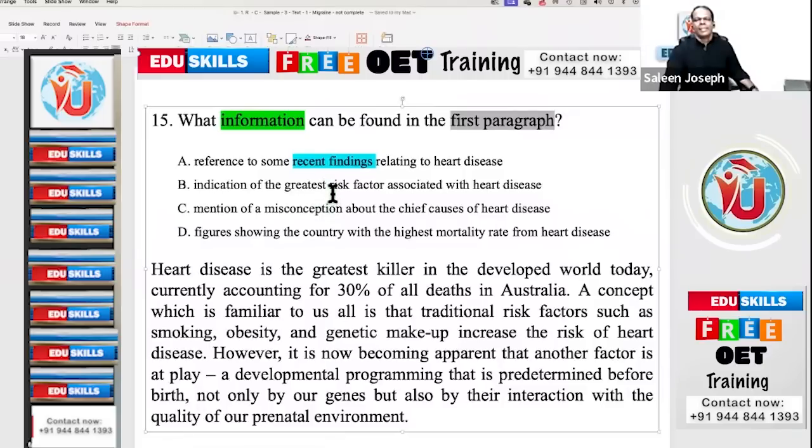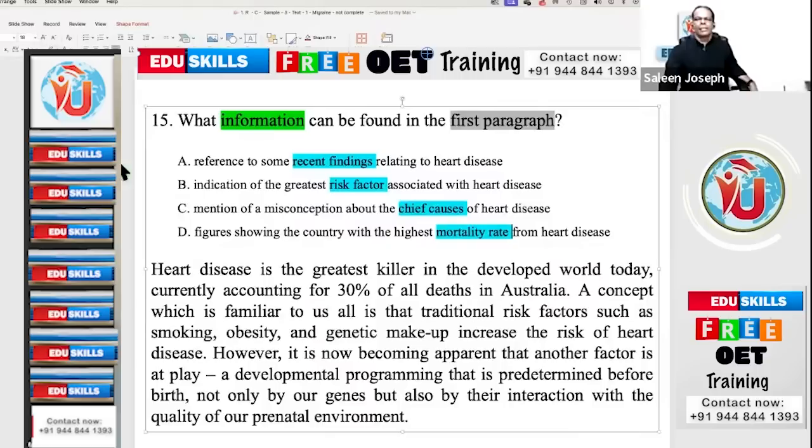Greatest risk factor. Option C, mention of a misconception about the chief causes of heart disease. Chief causes. Option D, figures showing the country with the highest mortality rate from heart disease. Highest mortality rate.